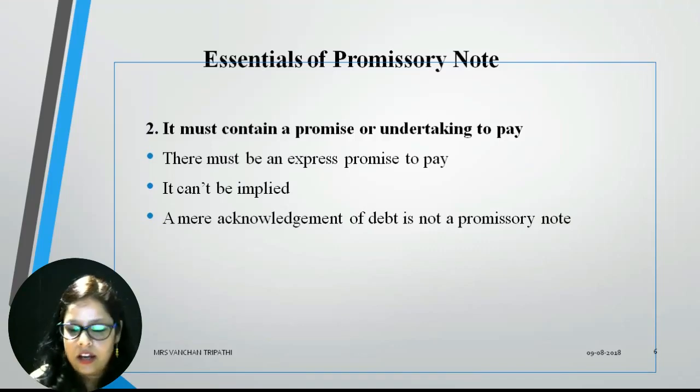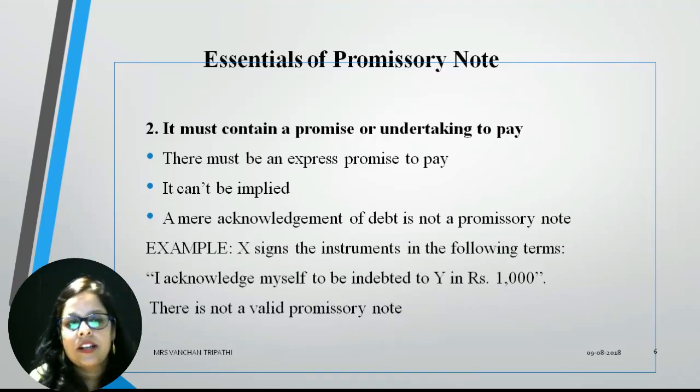We can say a mere acknowledgement of debt is not a promissory note. If you are just acknowledging that I have borrowed a particular amount of money from person X, that is not a promissory note. A promissory note is when you are making a promise or undertaking to pay a fixed amount to a certain person. Otherwise, that would not be a promissory note.